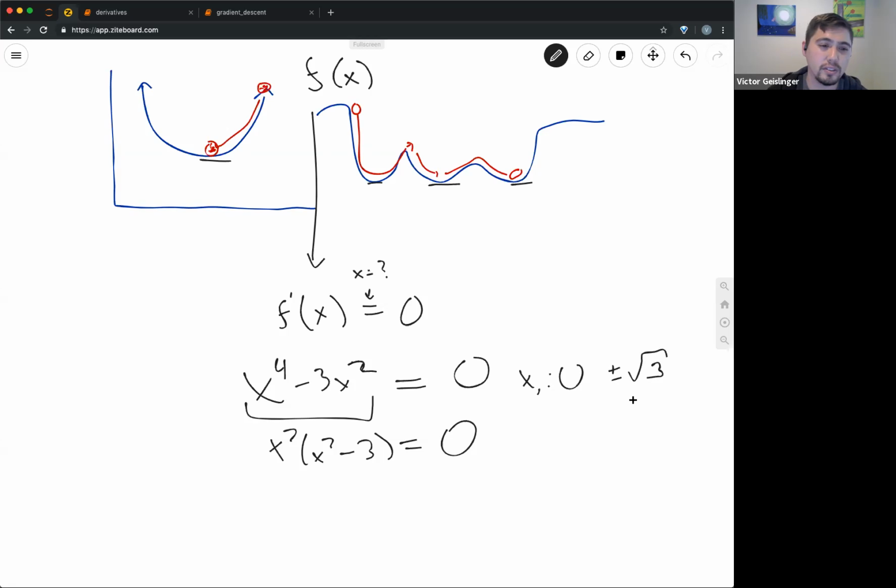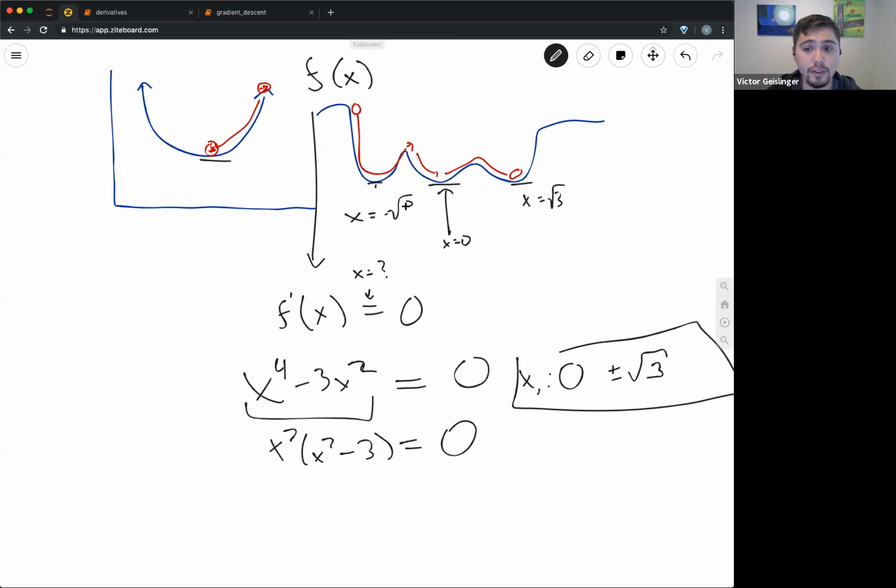Okay, so if I did the math to figure out what parts of x make this 0, I'd find that x equals 0, x equals positive square root of 3, and x equals negative square root of 3. Okay, these are the flat points.